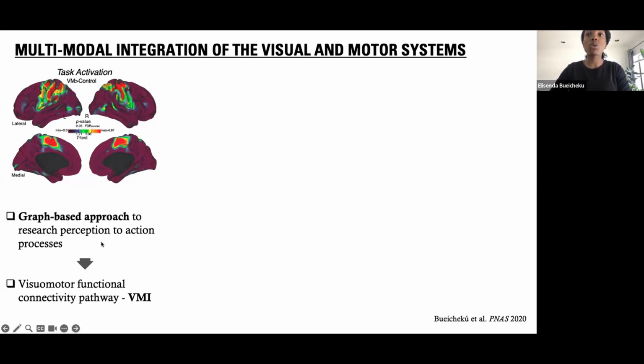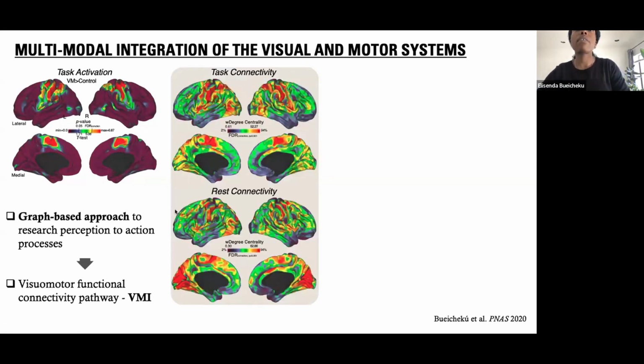And then we use task connectivity and resting state connectivity to locate, first with weighted degree, the functional response of these areas. And then we use a stepwise connectivity to actually locate the relationship between the visual areas and the motor areas. So stepwise is a metric that allows us to investigate direct and indirect connectivity.